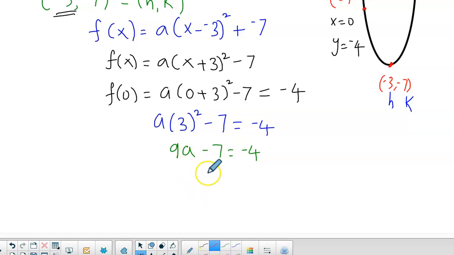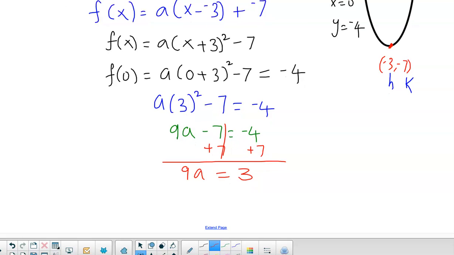I have to get rid of minus 7, so add 7 on both sides. Bring down 9a; 7 and 7 cancel off, and on the right hand side -4 + 7 gives you 3.